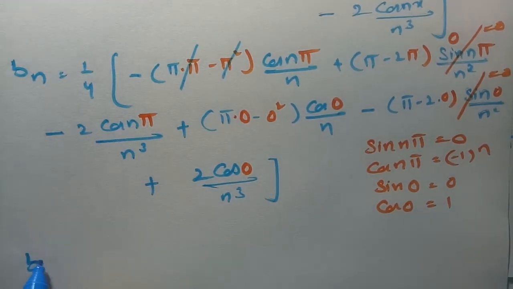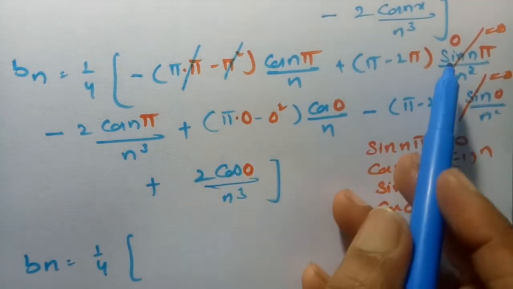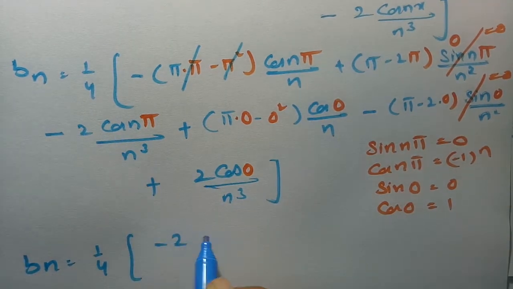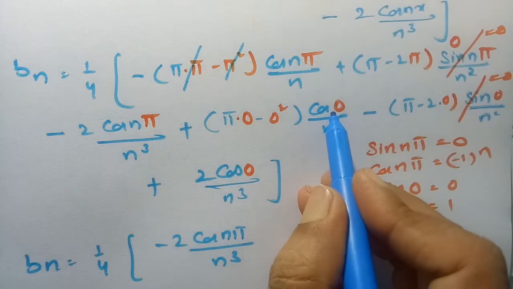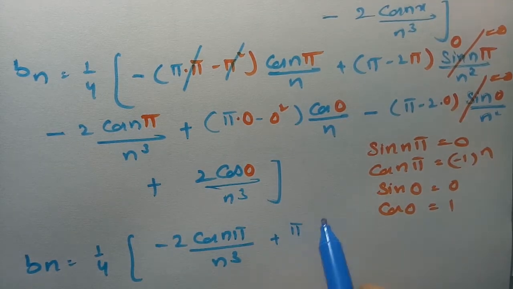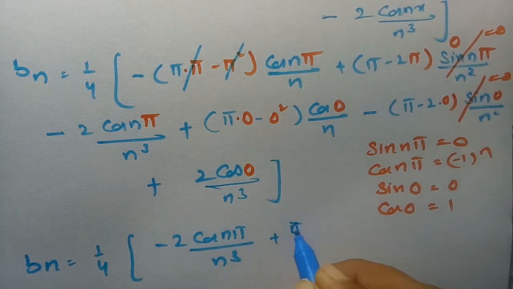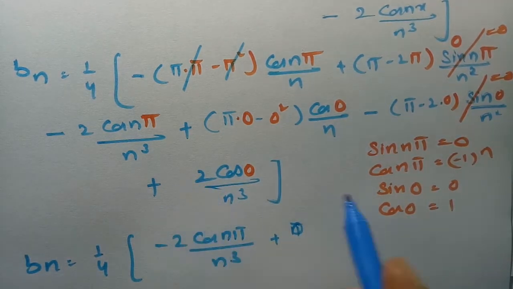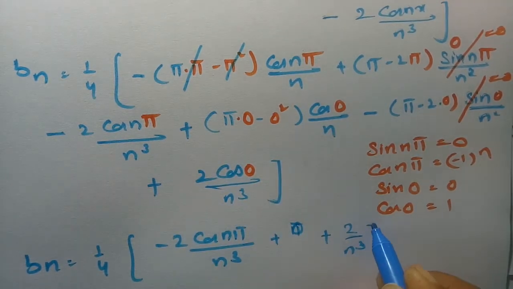For Bn value, it is 1 by 4 times of 2 cos n pi by n cube, and this is cos 0, which is 1, plus pi times of 0, since 0 into anything is 0, and what remains is 2, cos 0 is 1, by n cube.